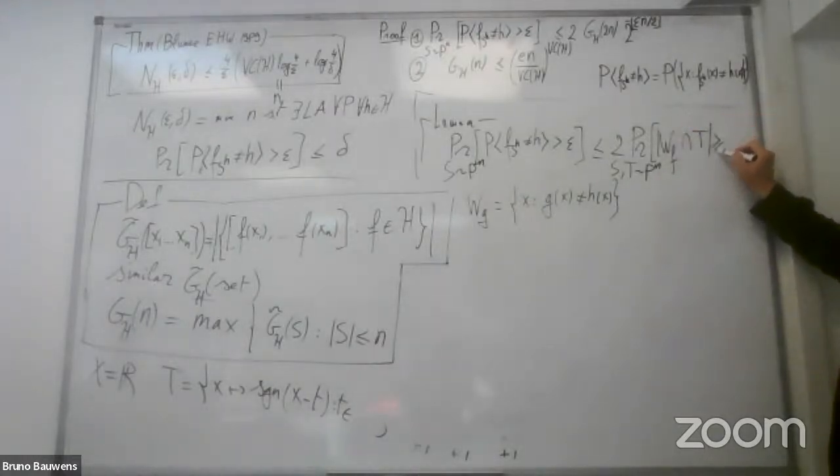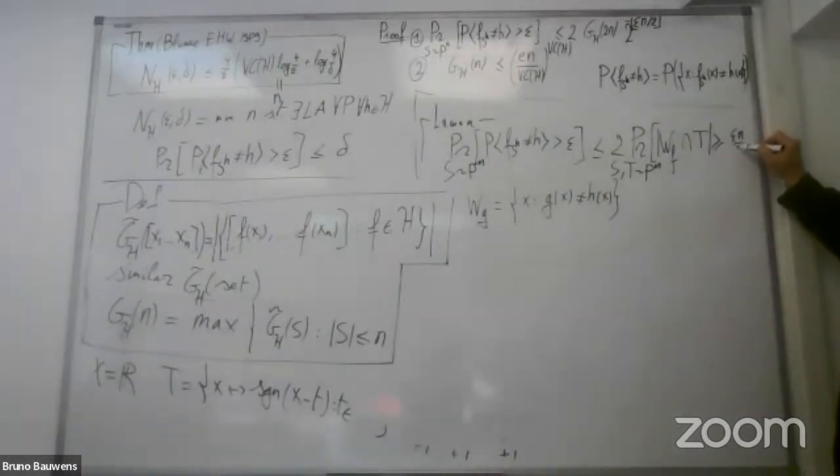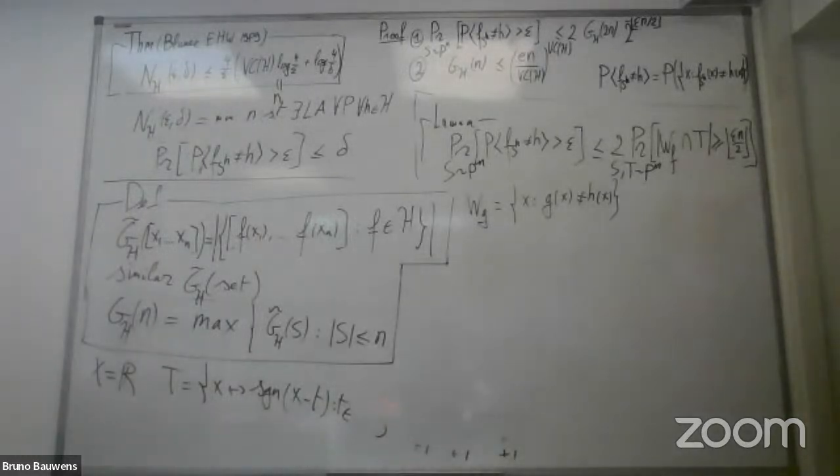The size of WG intersect T is at least epsilon n over 2. This is the first step.